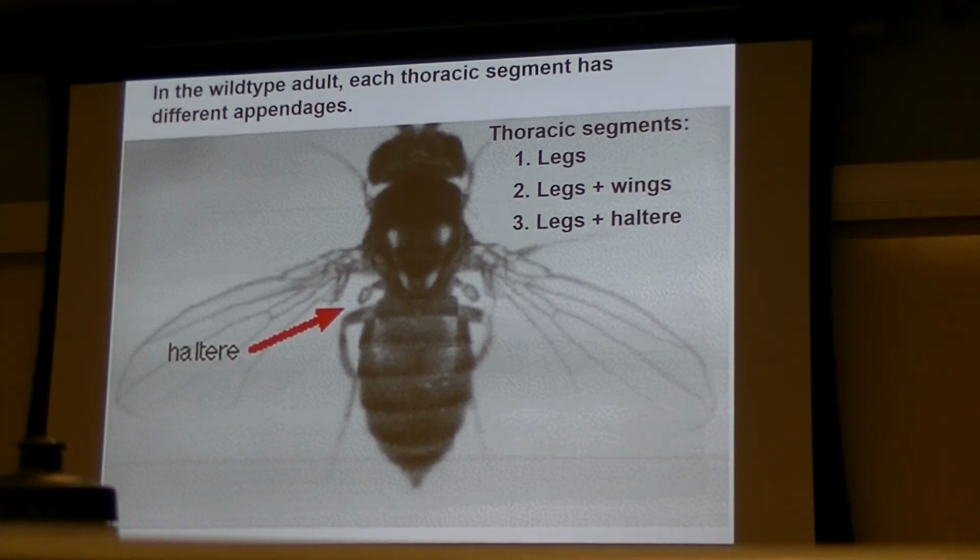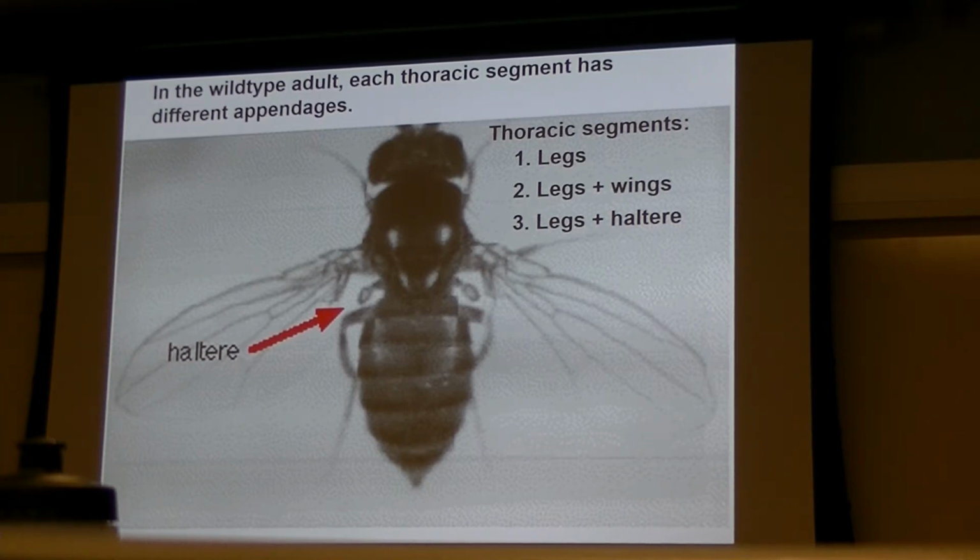So here, the adult animal, at the patterning on the anterior posterior axis, specifically at these segments that become the thorax, there's 3 of them. And here's what should happen in the wild type situation.